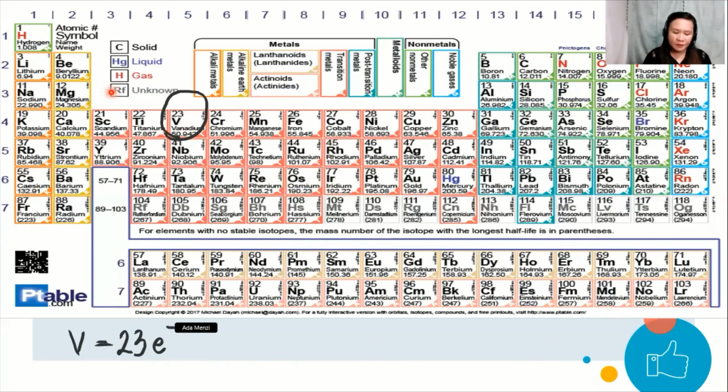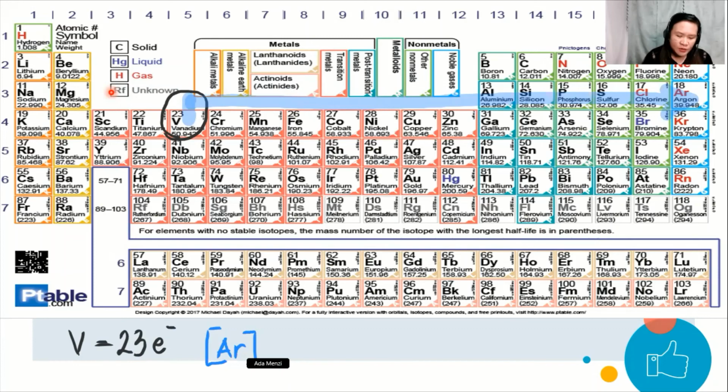Again, we go one level higher, and then we go to the nearest noble gas. For vanadium, we go one higher up, and it's the same, argon. So for its electron configuration, we write argon inside the bracket.